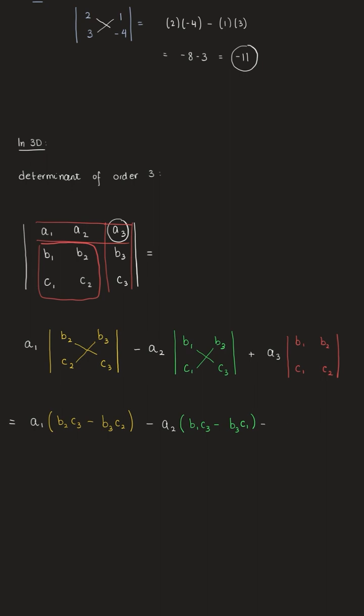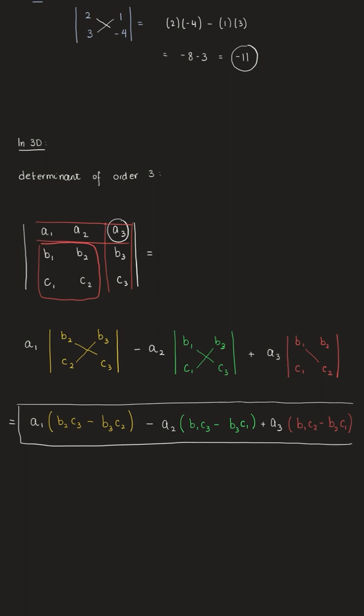And finally, plus A sub 3, and now we've got B1C2 minus B2C1. And this is how we calculate the determinant of order 3. This is going to be a tool that we use to define the cross product between two vectors.